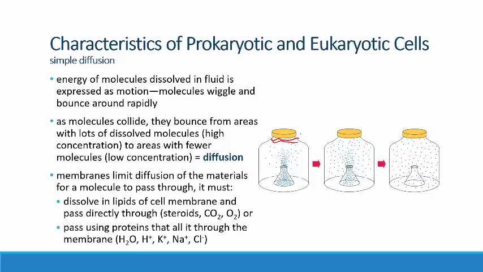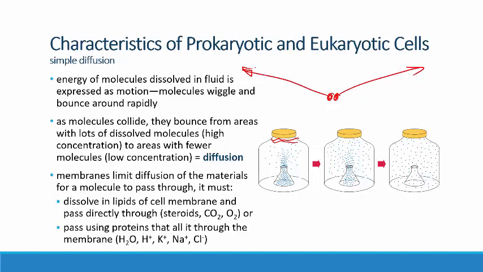As the molecules are vibrating back and forth, they bounce around and bounce into each other. Any time there is a collision, the two molecules run into each other and go in opposite directions.